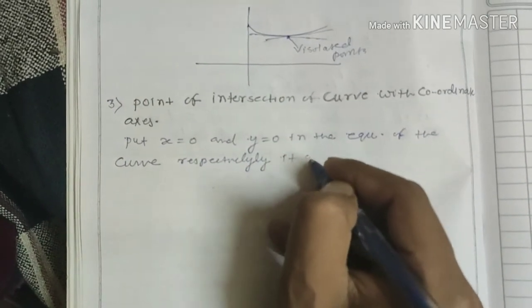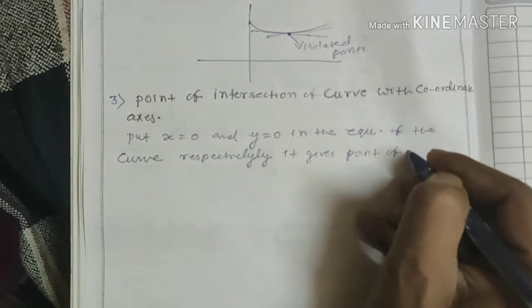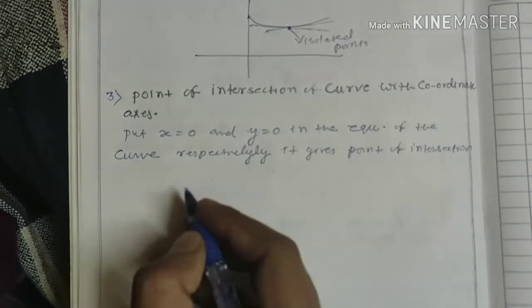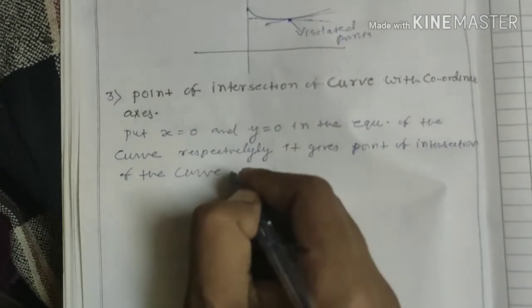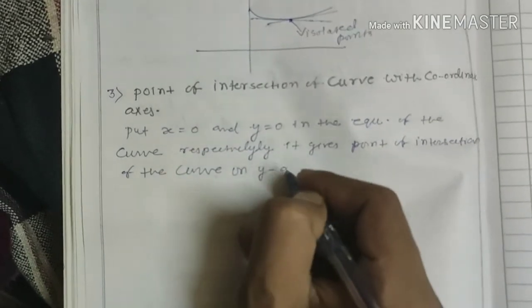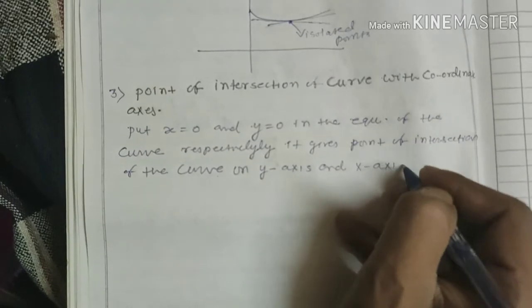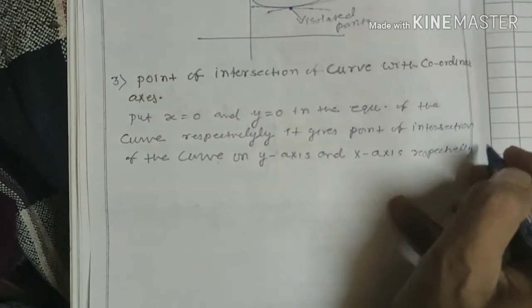It gives the point of intersection of the curve on the y-axis and x-axis respectively.